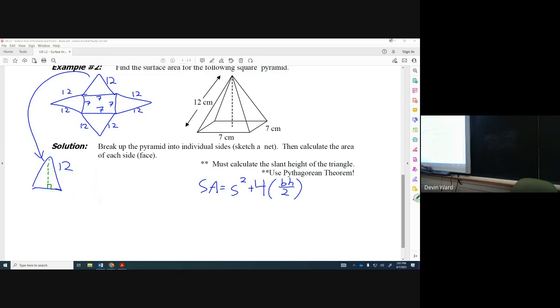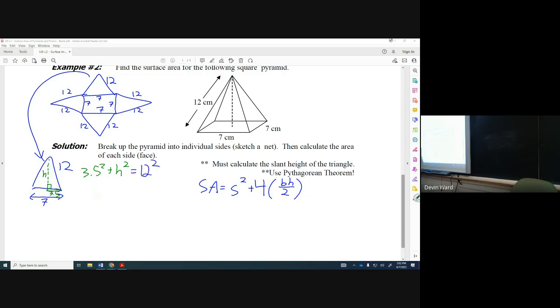So if the whole side is 7 centimeters long, the halfway point will be 3.5. Okay, and then I can find out what my height is. Okay, so using the Pythagorean theorem, I have 3.5 squared plus my height squared equals 12 squared.